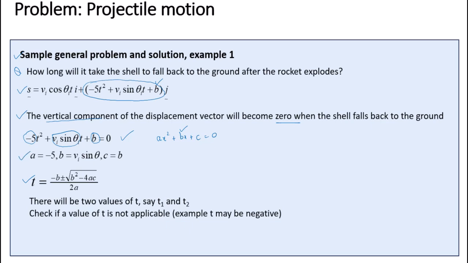With these values, we can put this value in the expression for t, and being a quadratic, it will have two values of t. Say, for example, there will be t1 and t2. So you need to check whether any value is not applicable. Say, for example, t may come out to be less than 0, which is practically not possible. So therefore, take the value which is higher than 0. This is just to give you one example.